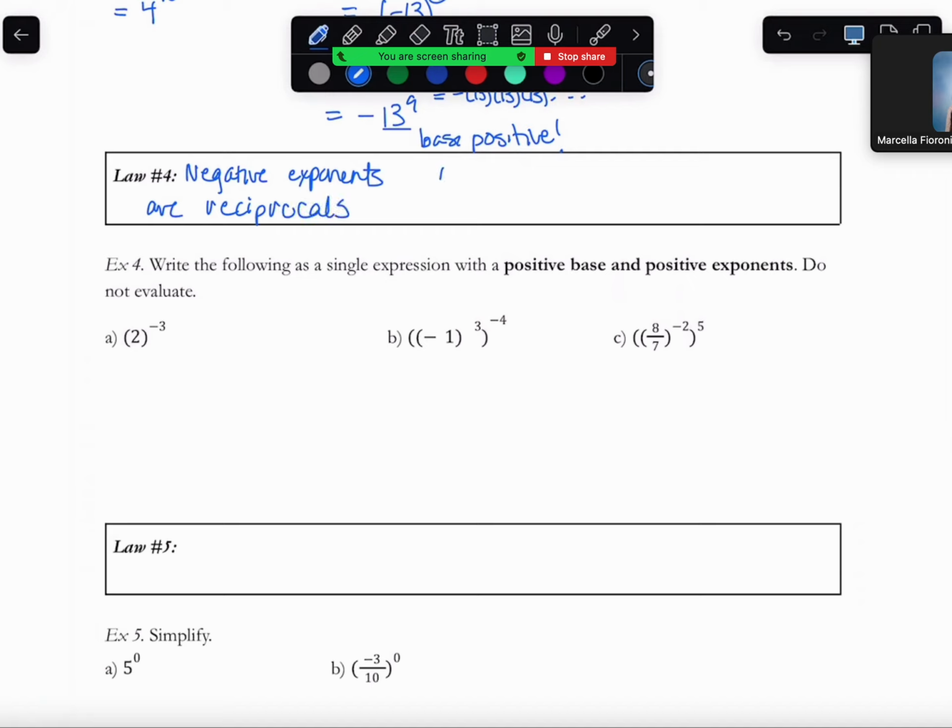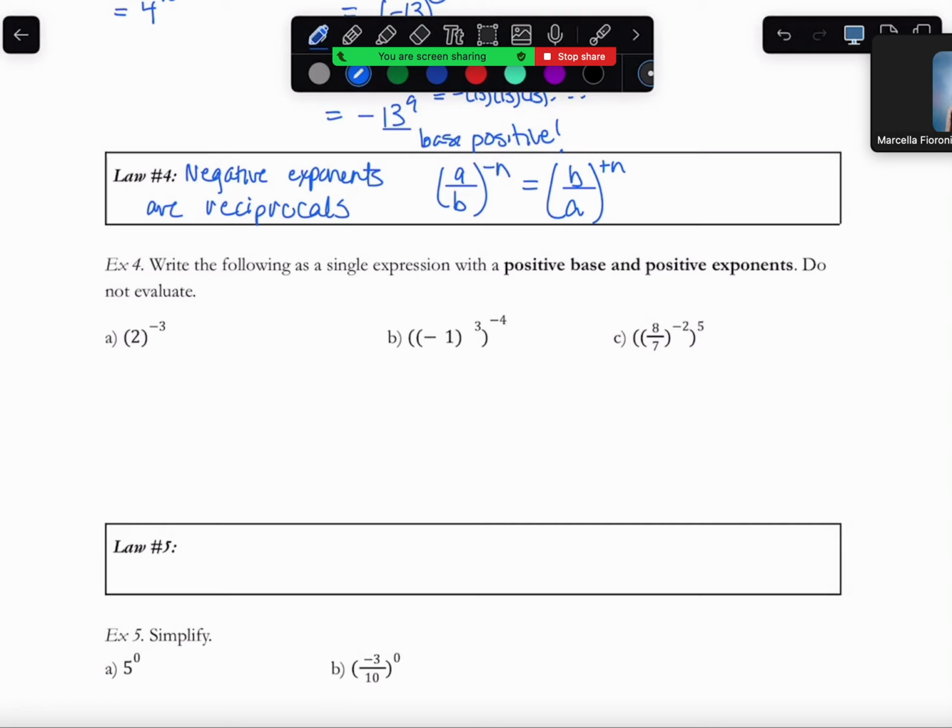Okay, so we talked about this in our last class. If I have a over b to the power of negative n, I can take the reciprocal. Reciprocal means switch the numerator and denominator, and then my power becomes positive.